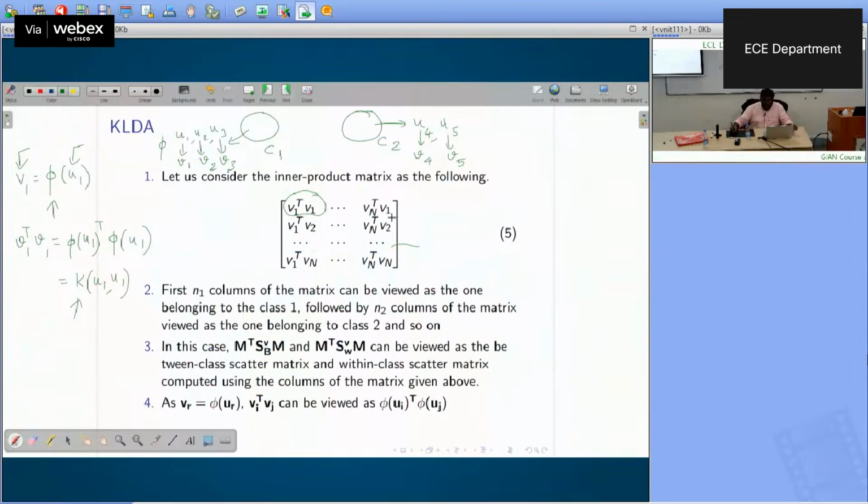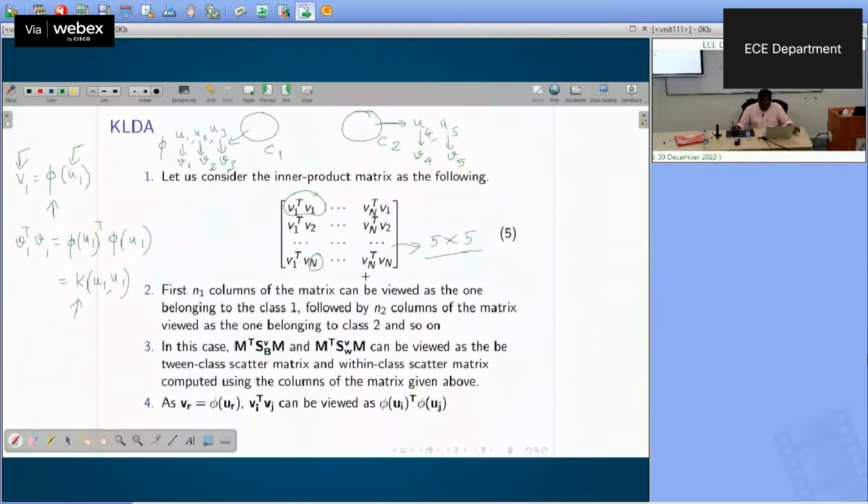So now what is the size of this inner product matrix? I have only 5 vectors, so this capital N is going to be 5. So for this example, this matrix is just 5 cross 5, because capital N is 5 only.